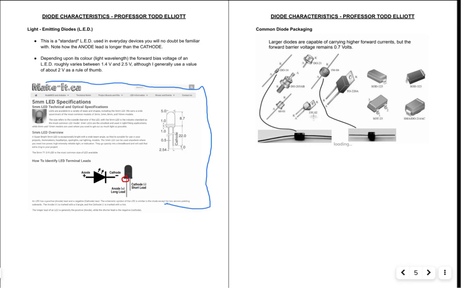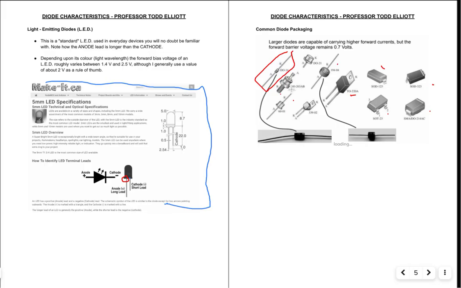If you're working with your breadboards, this is the package style you're probably going to be looking at, but they do come in other styles, depending on the application needs and how much current. It's largely due to how much current. So the more current the diode has to handle, the larger the package style needs to be.